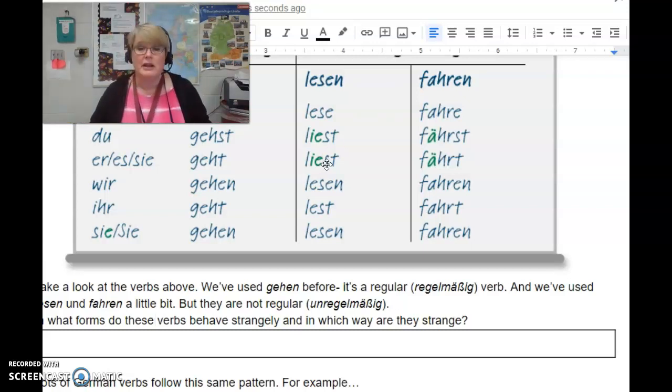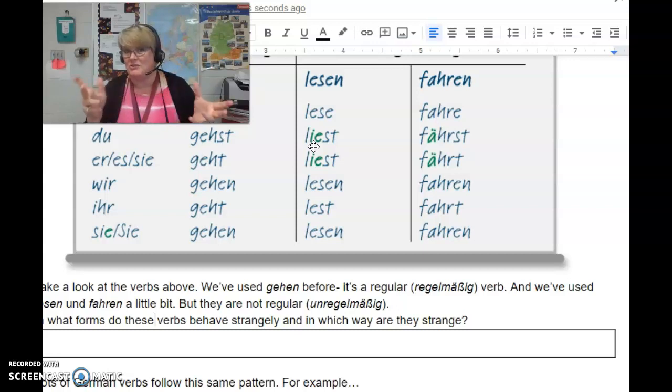How do I know that the E in lese is going to change to an IE in the du and es forms? How do I know? I just have to memorize it. So you have to memorize which verbs are stem vowel changers and which way they change. Those are the two things you just have to know from memory.